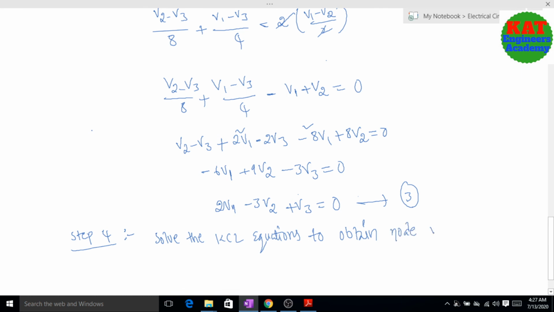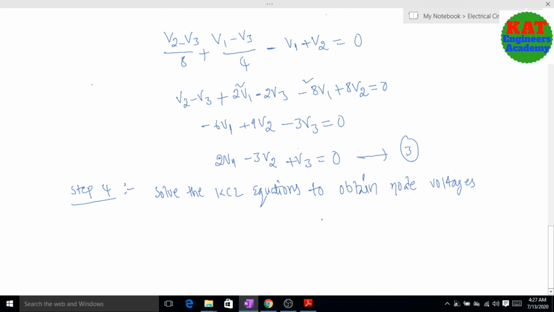Now, by solving the first, second, and third equations, we can obtain them.